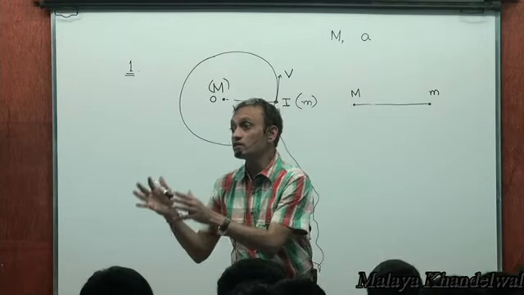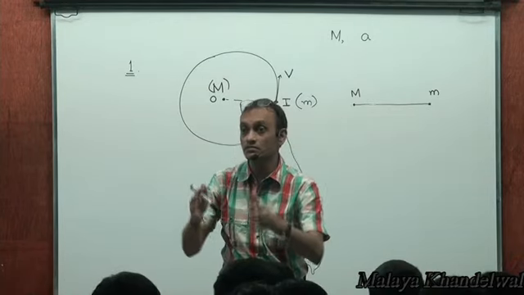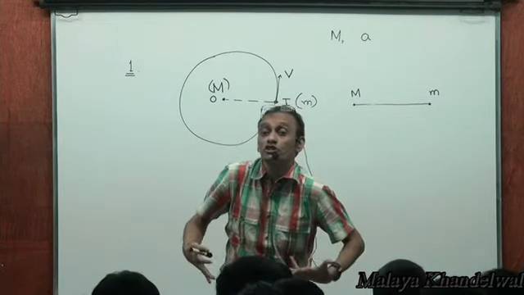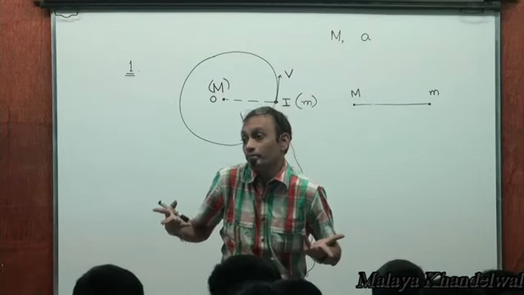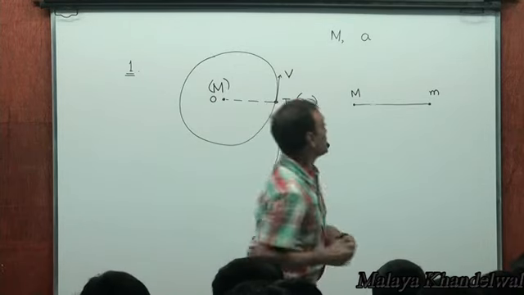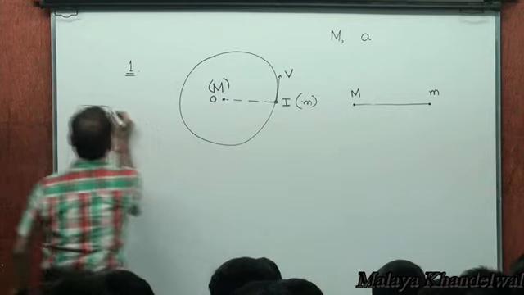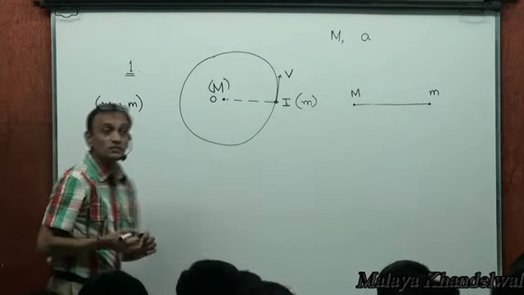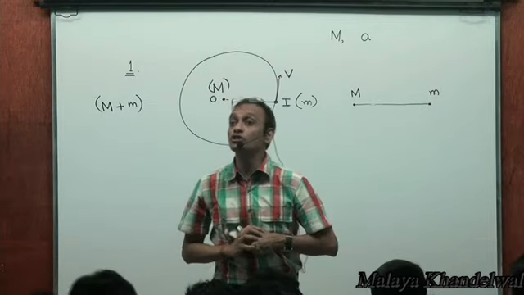if I look at the ring plus the insect, then do you perceive any external forces on a system comprising capital M and small m? No. On a system that comprises capital M plus small m, there are no external forces acting.